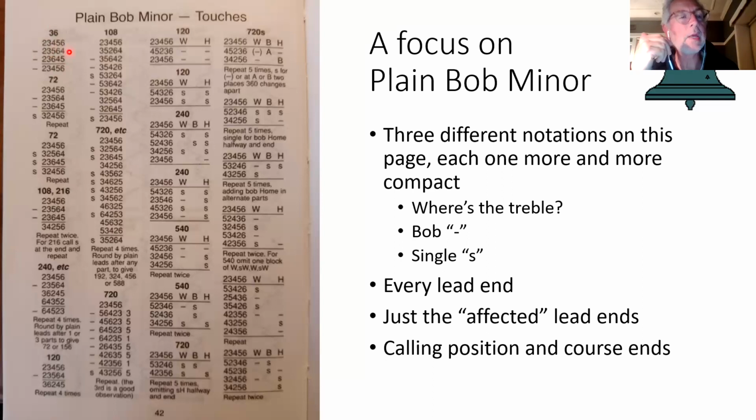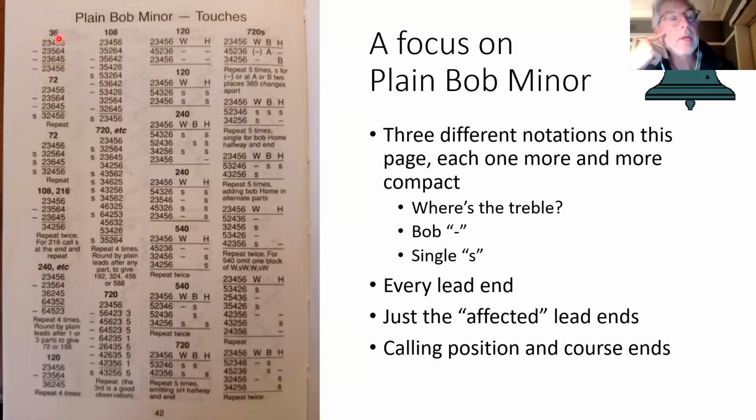So all they're showing you here is every 12th row. The 2 has run in, the 3 has run out, and the 5's made 4ths. Next lead, there's another bob, 2 runs in, 3 runs out, 6 makes 4ths. And then another lead, another bob, 2 runs in, 3 runs out, 4 makes 4ths. So 2 and 3 have been plain hunting for 3 leads. That's pretty neat, isn't it?